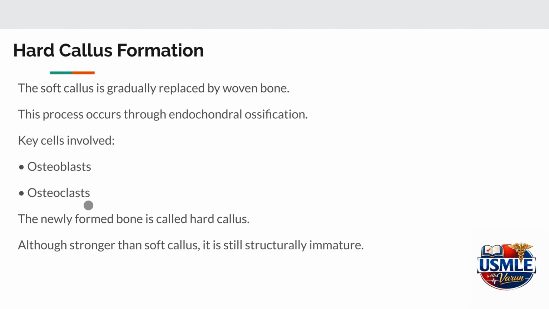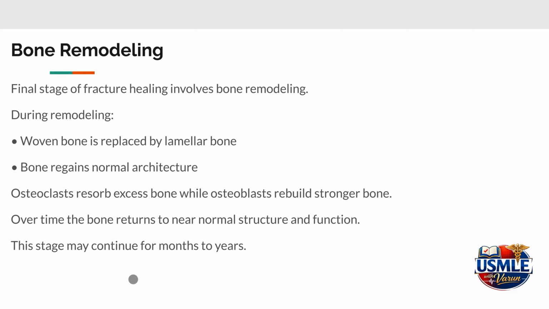At this stage, the fracture becomes significantly more stable compared to the soft callus stage. Although it is significantly stronger than the soft callus, it is not yet as strong as normal bone, and full strength gets restored after the bone remodeling phase.